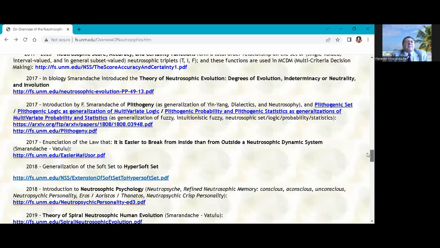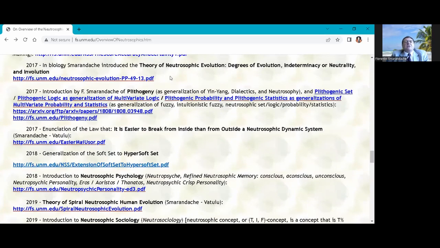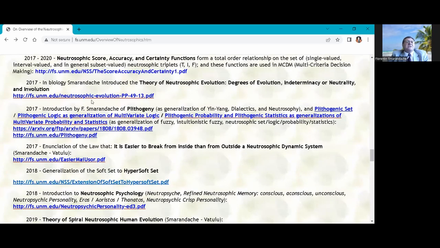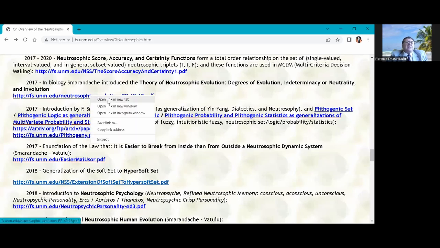Now, an interesting application of the Neutrosophic is in the theory of evolution, because we observe that besides a degree of evolution as developed by Darwin, there is also a degree of involution and a degree of indeterminacy, or sometimes a degree of neutrality.